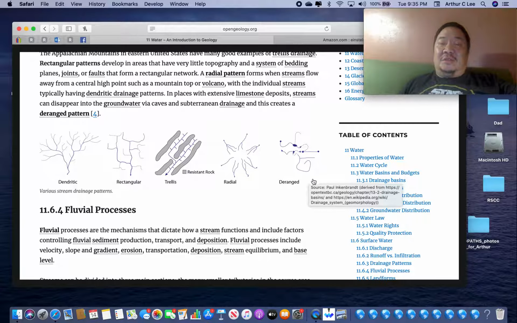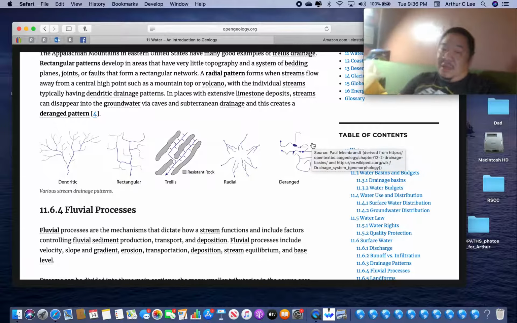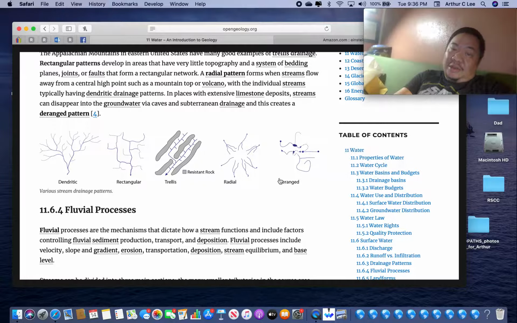And you'll see those are called disappearing streams, or they just change direction because they're going to follow the path of the dissolved limestone. This is called a deranged drainage pattern, where there's no real pattern to the direction in which the creeks are flowing.